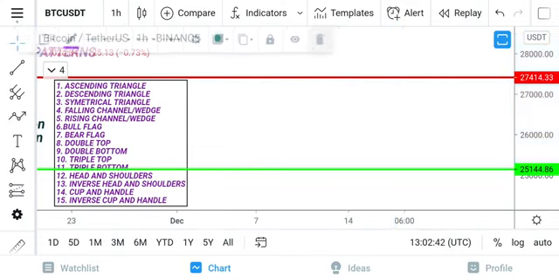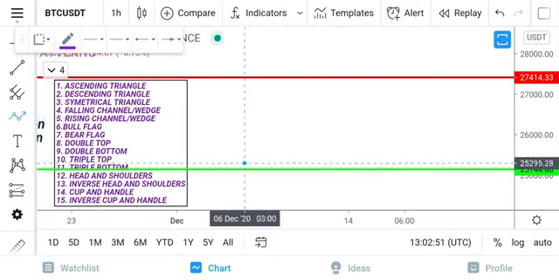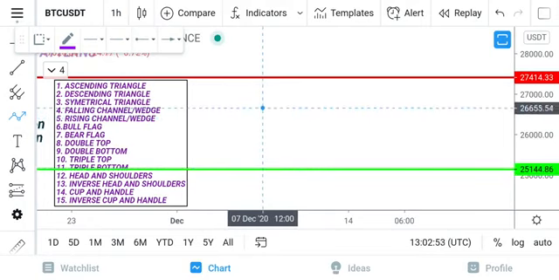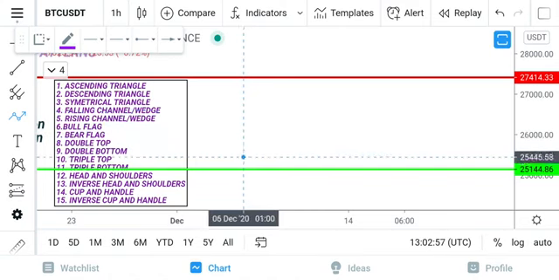And you also have the head and shoulder. The head and shoulder is a bearish reversal chart pattern. It's a bearish trend reversal chart pattern.